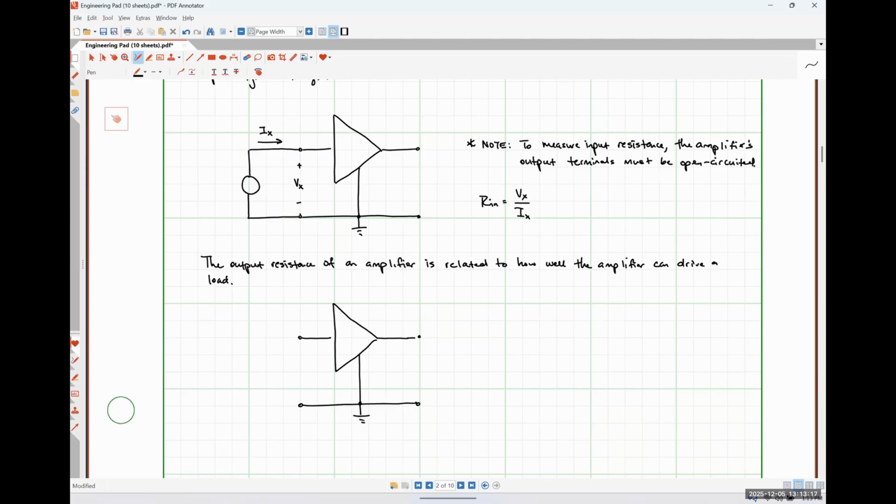And what I'm going to do is I'm going to excite the output terminals with some type of source. So I'm going to measure the voltage drop across the output terminals, Vx, as well as the current flowing into the output terminals, Ix, while my input terminals are short circuited. And I'm going to put a little note over here.